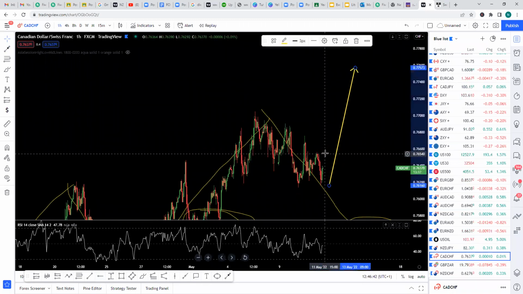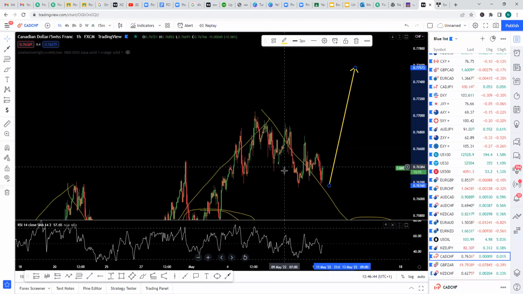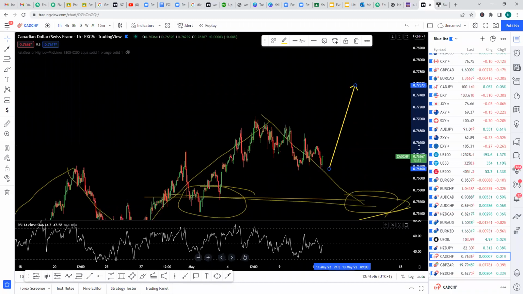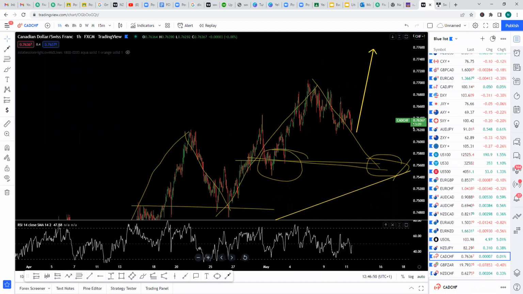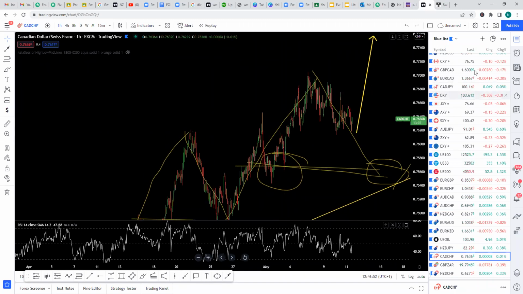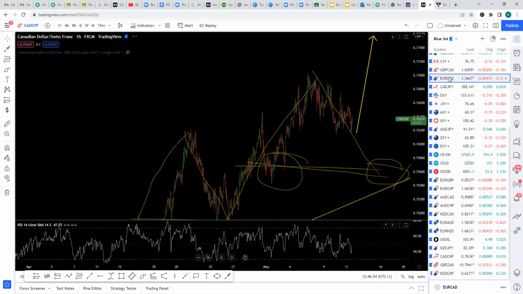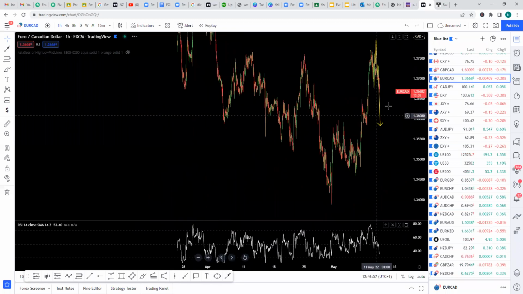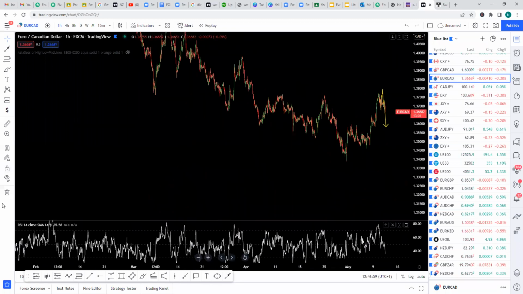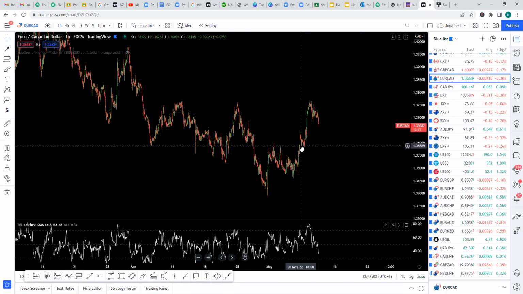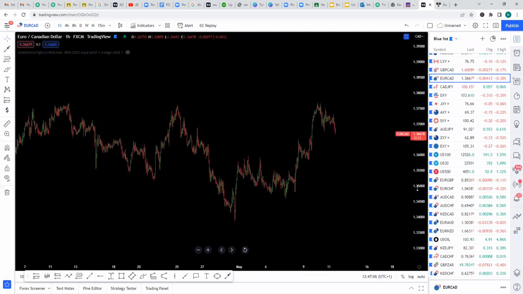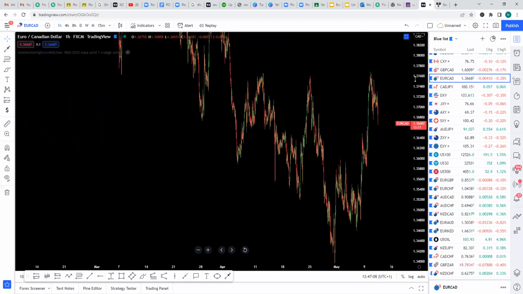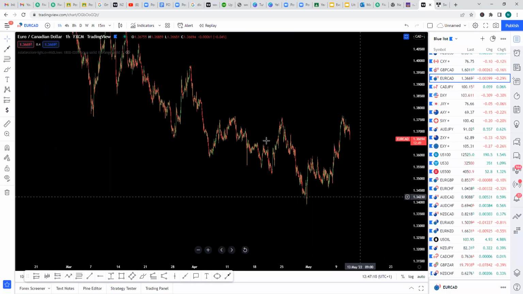I'm more in favor of this move to the upside because of that big differential in the interest rate of CAD and CHF. Okay, so I told you that I'm looking forward to Euro CAD coming down, and then Euro New Zealand and Euro GBP, all Euro, expecting some of them to come down.